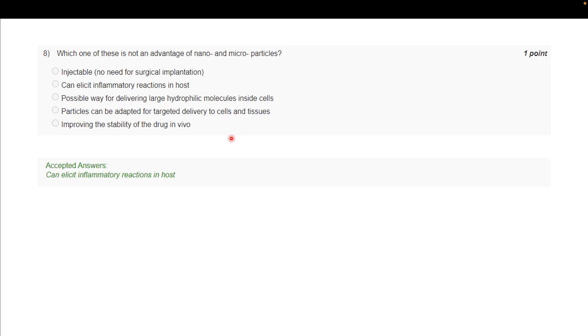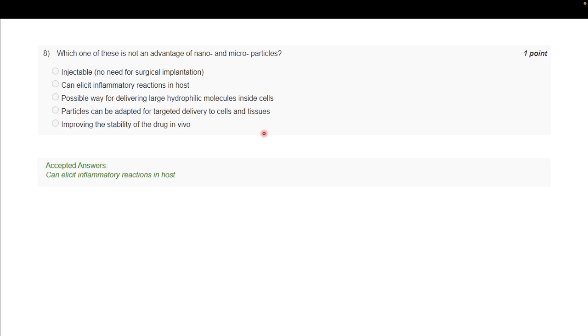So that's one advantage. Next, these particles can be adapted for targeted delivery to cells and tissues. As we just saw in case of tumor, these particles are uptaken because of the enhanced permeation and retention effect in the tumor tissue. Additionally, you can design a particle and tag its surface with signals which are then recognized by specific cells and tissues, and in that sense you can make a very targeted delivery.